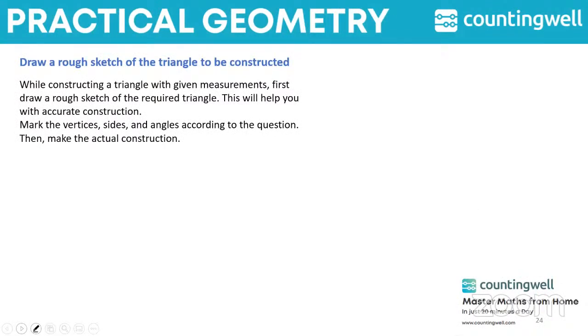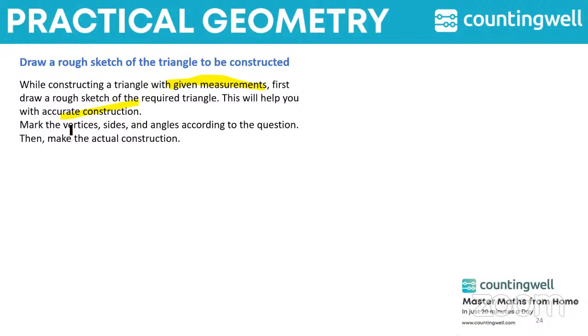Next, let us see, while drawing a rough sketch of the triangle, why it is important to draw it with the given measurements. While constructing a triangle with given measurements, first we have to draw the rough sketch of the required triangle. This will help you with the correct construction, so you will not get deviated from the correct figure naming.